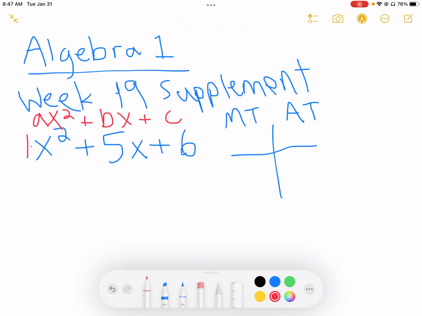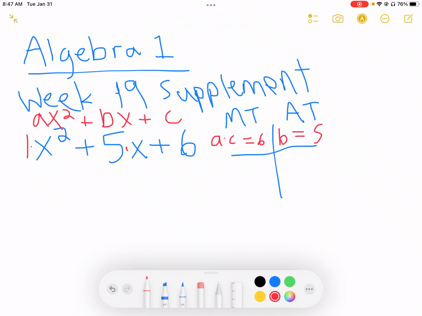In front of my x here, I have a 5, so 5 is my b term. Then c here is my 6, right there. Okay. So if I think about this multiplies to, I say what two numbers multiply to a times c? That would be 6. And they add to my b term, which is just going to be 5.